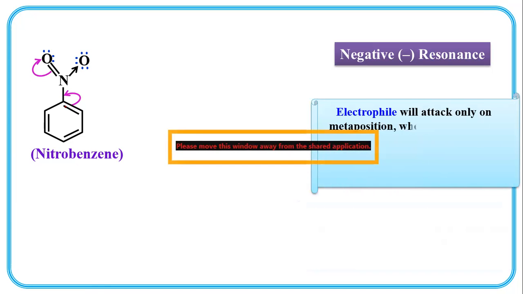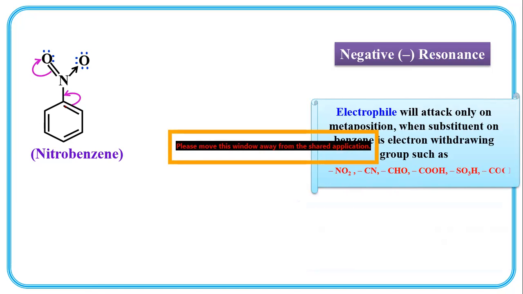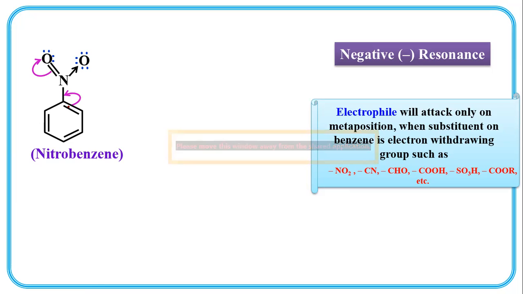Now, the electrophile will attack only at the meta position when the substituent on benzene is an electron withdrawing group such as NO2, CN, CHO, COOH, SO3H and COOR group. Electrophile will attack only at the meta position.